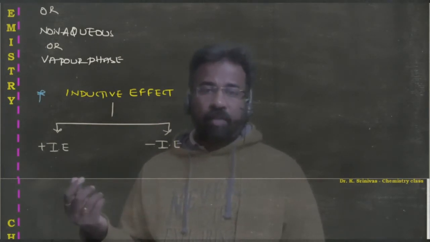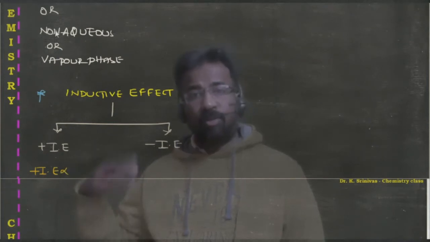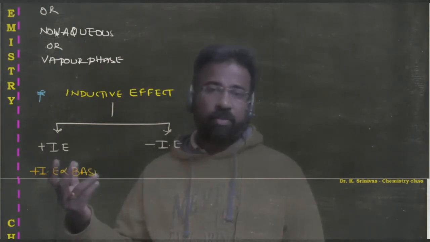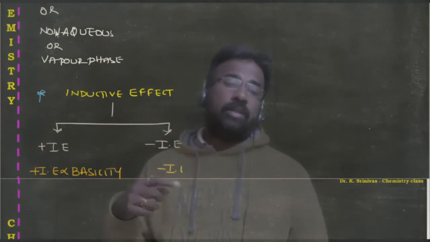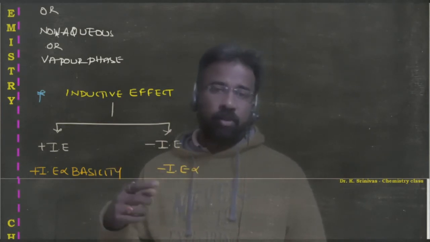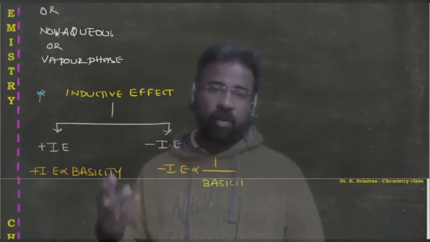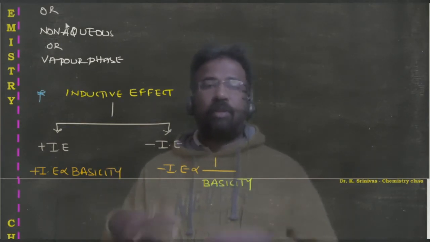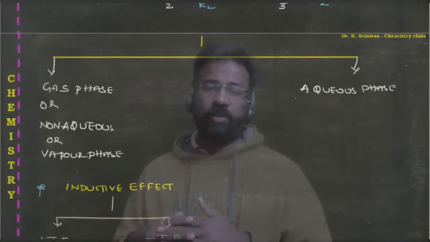A plus inductive effect group increases electron density, so it is easy to donate the lone pair of electrons. Therefore, it is directly proportional to basicity. Whereas a minus inductive effect group is inversely proportional to basicity, as it withdraws electrons, so it cannot donate the pair of electrons that easily. Therefore, it is less basic.